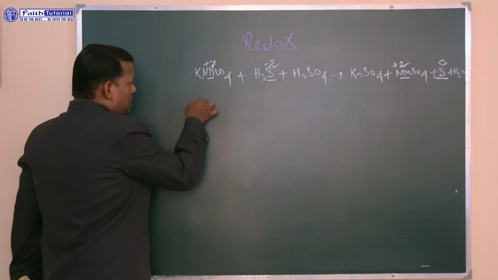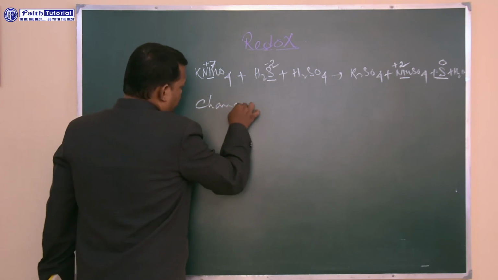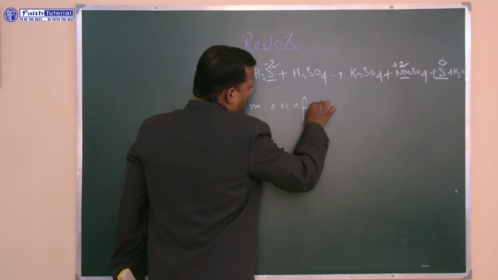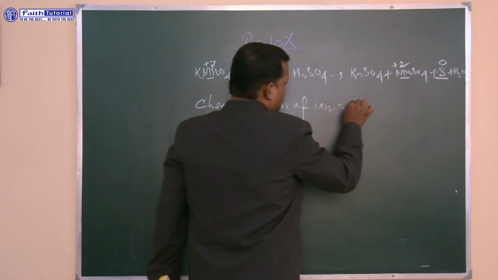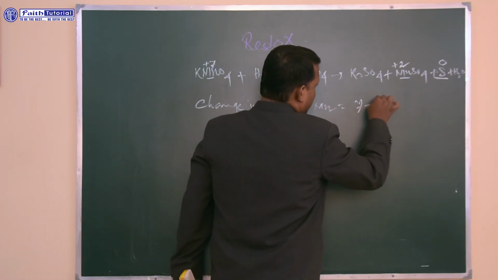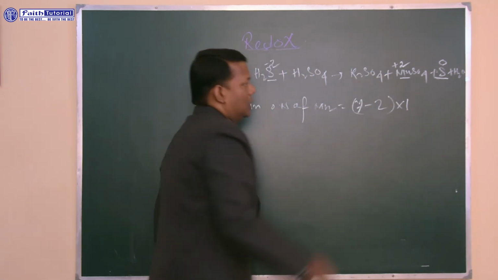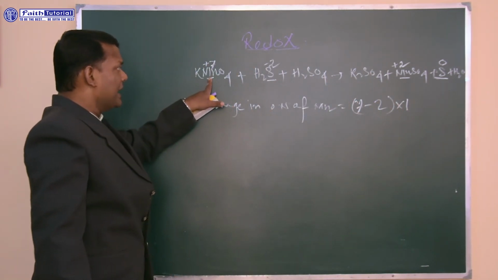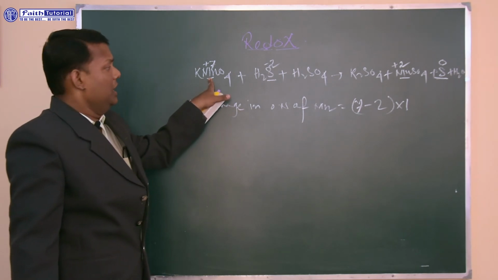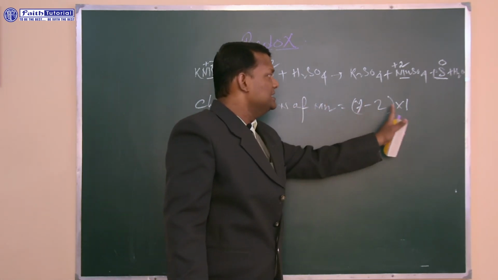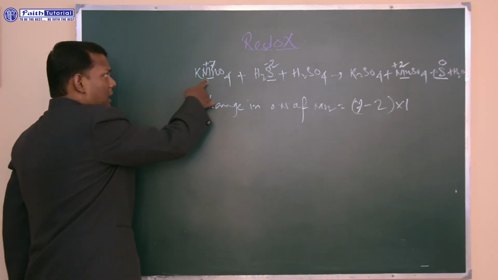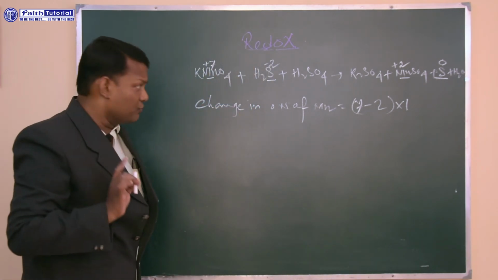Now, the change in oxidation number of manganese is equal to 7 minus 2, into 1. This 1 is the number of manganese atoms here. We have to multiply the change in oxidation number with the number of that element on your left, not from your right.